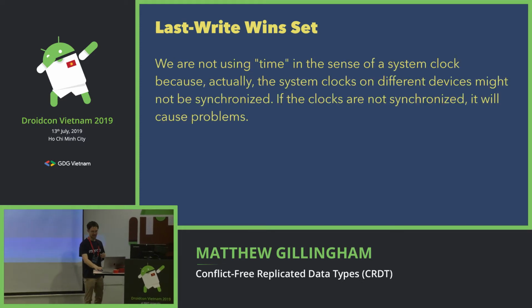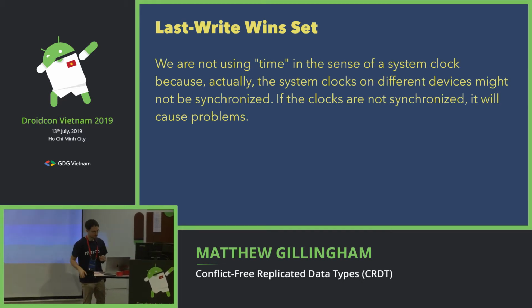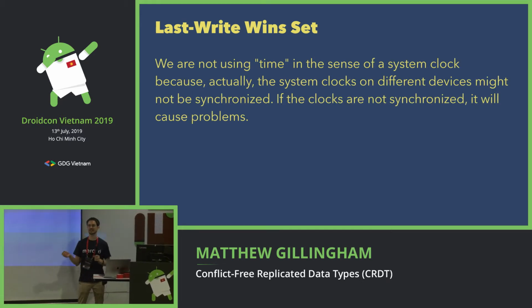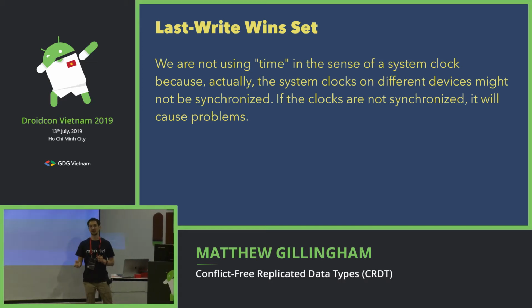What I mean by that is, I don't mean time in the sense of the physical clock on the device. We could try to use that. We could try to say, we're going to update this set, and we'll include a timestamp of the current system time. But the reason it's not a good idea is that users can change their system times. They're not always in sync with one another.